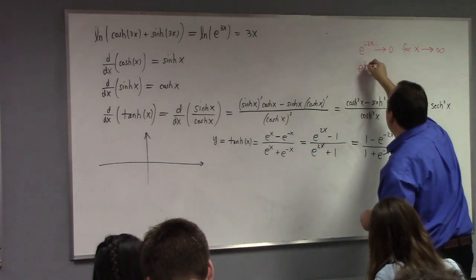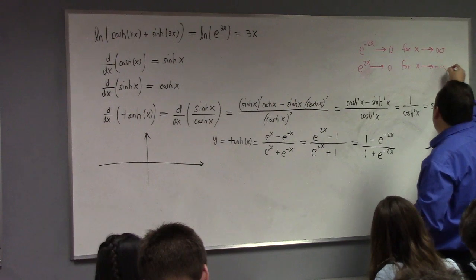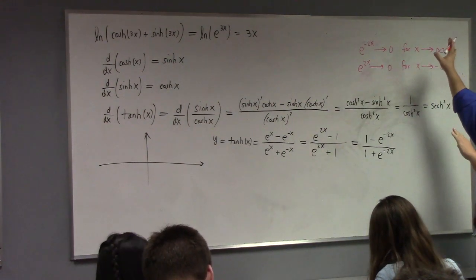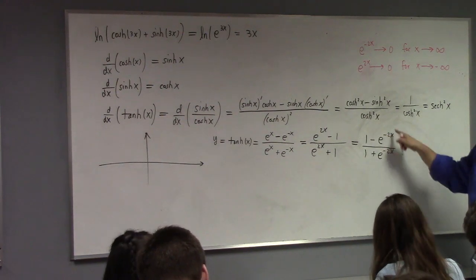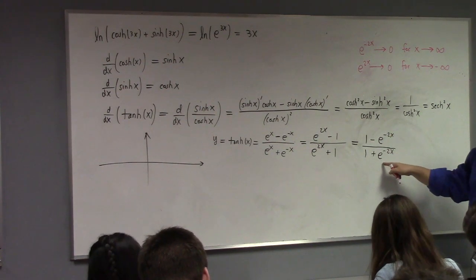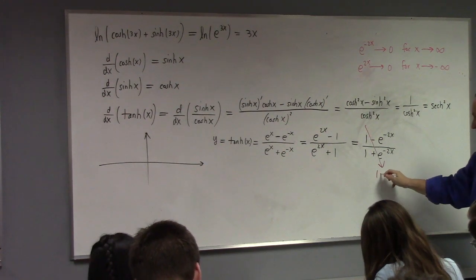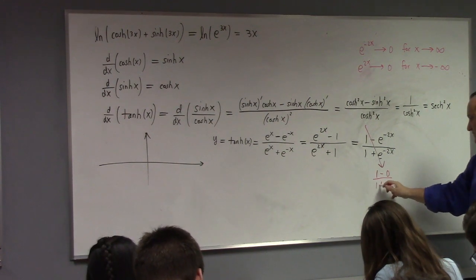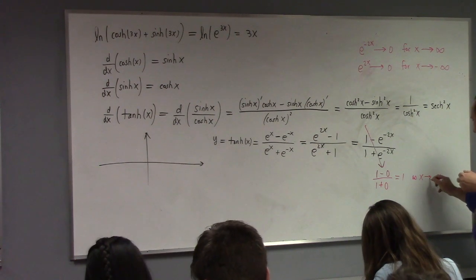And e to the 2x goes to 0 for x going to minus infinity. Those are my linchpins for this analysis, yeah? So if I look at this formula right here, for x large and positive, this just goes to 1 minus 0 over 1 plus 0, which is equal to 1 as x goes to infinity, yeah?